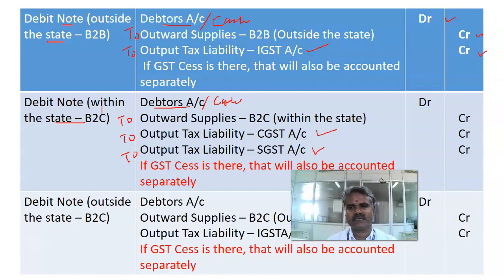Here the party is a customer, here the party is a business. Then debit note outside the state, B2C, debtors or cash to outward supplies, B2C, to output tax liability IGST.